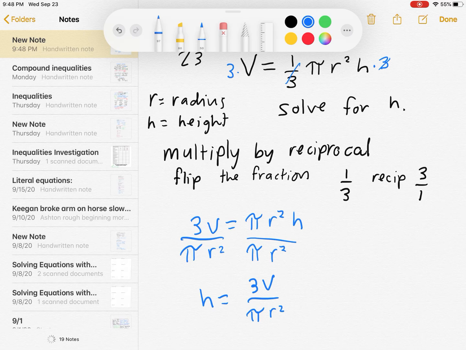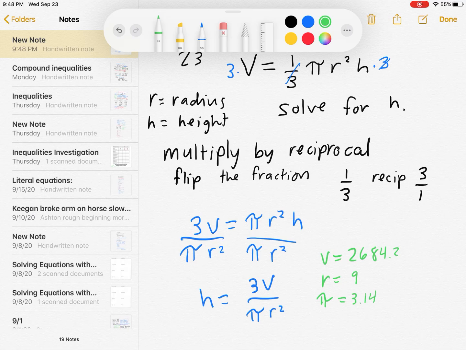Now at this point, 24 is a related problem to 23, so we might as well just talk about it really quick. I don't have the numbers right in front of me, but the idea is it gives you the volume, which I believe is about 2684.2 or something. It's close to that. For sure the r is 9. So then we just plug in those values, and it also tells you that pi is 3.14.